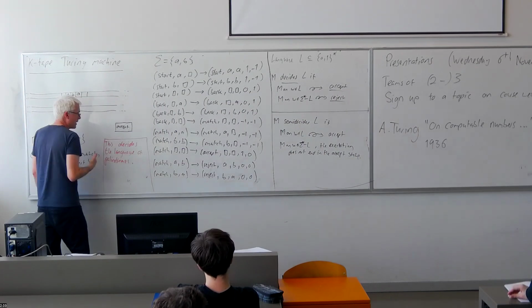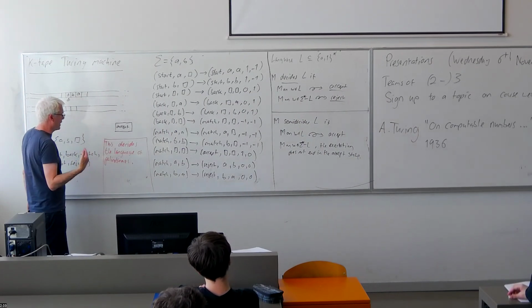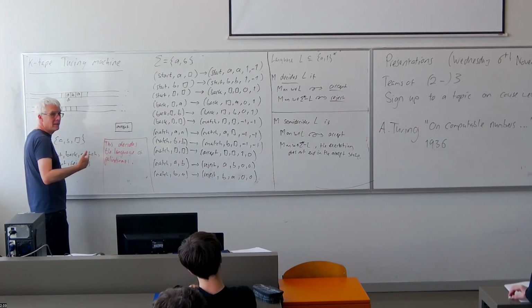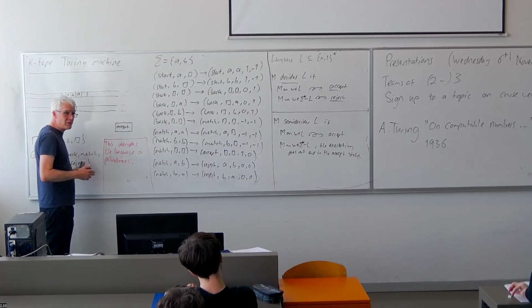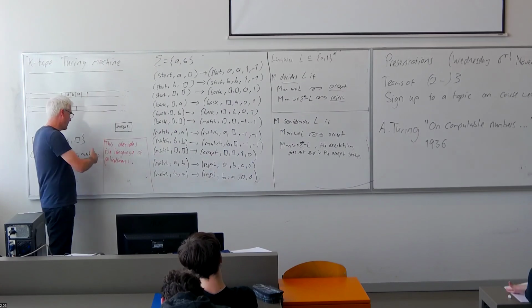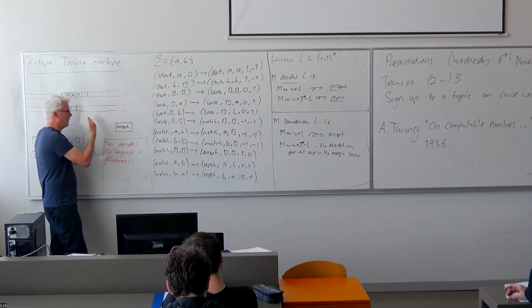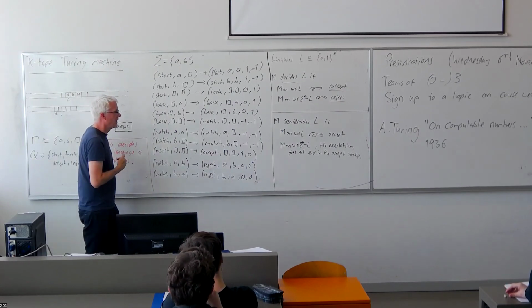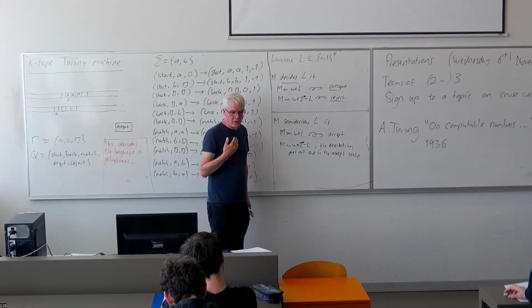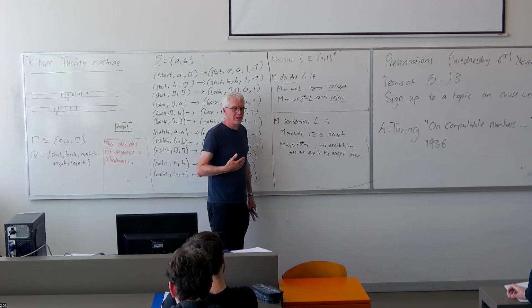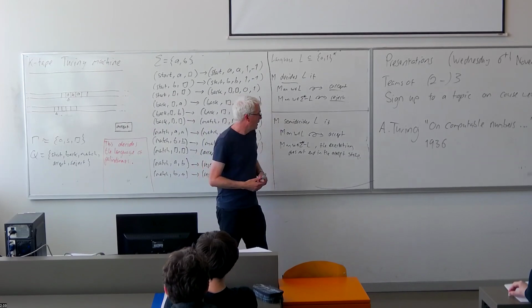Let's look at, say, deciding a language. Suppose we can decide a language on a multi-tape machine. How do we know we can also find a slightly more inefficient, but nonetheless single-tape machine that decides the same language? The way this works is we show how on a single-tape machine we can simulate the execution of a multi-tape machine.